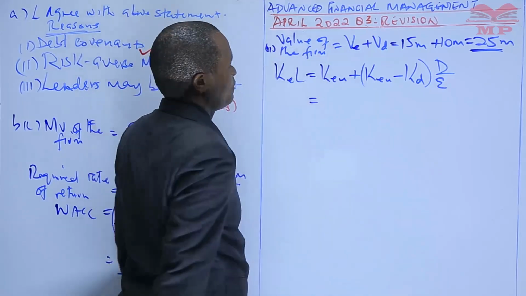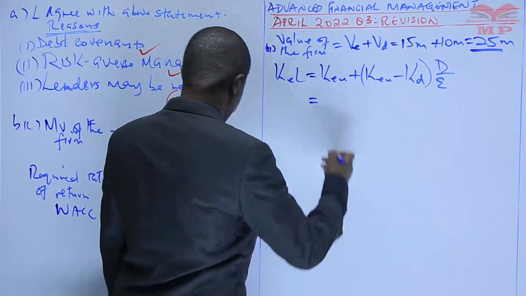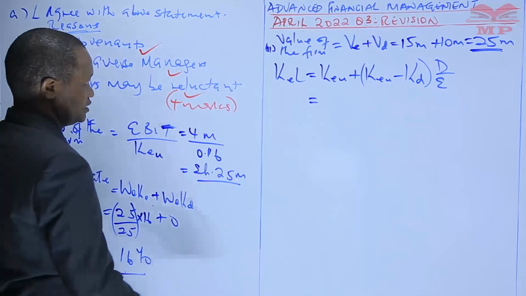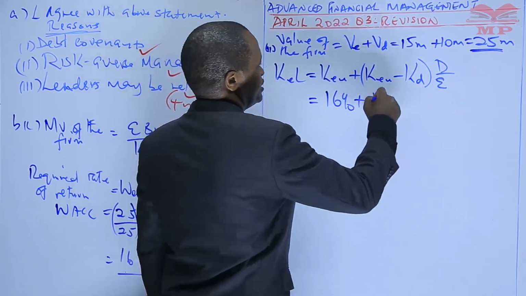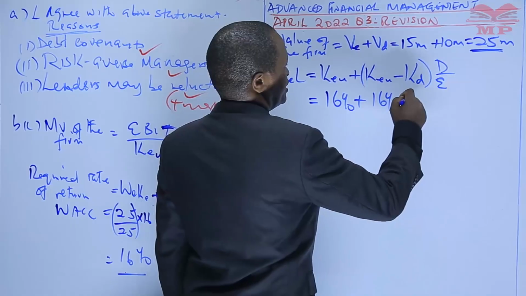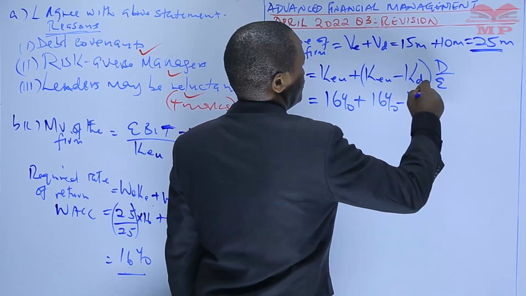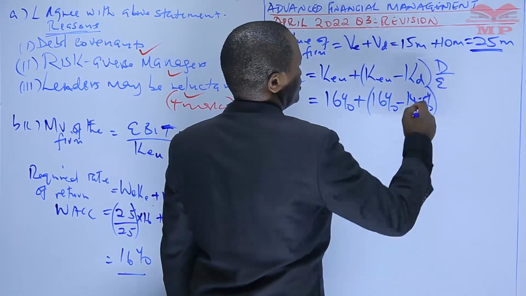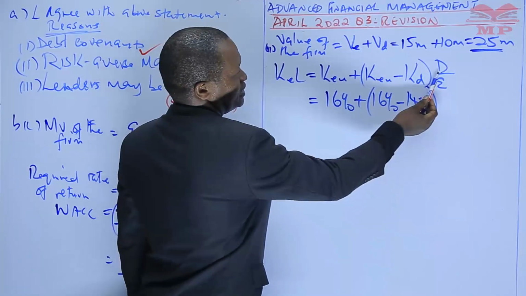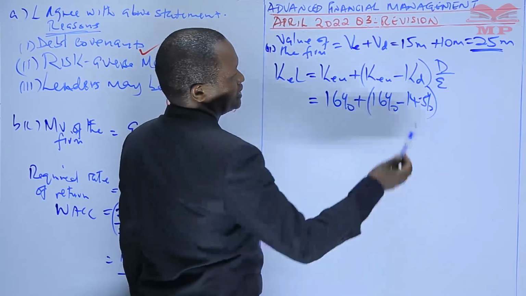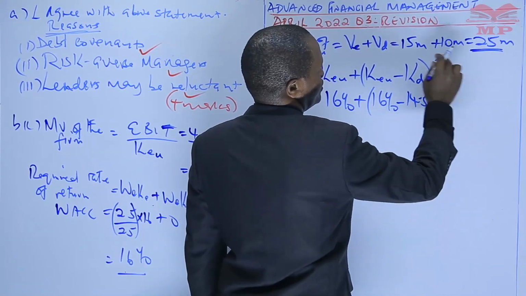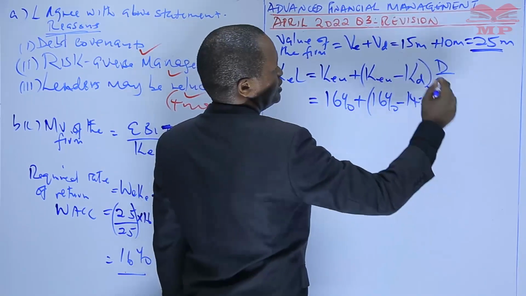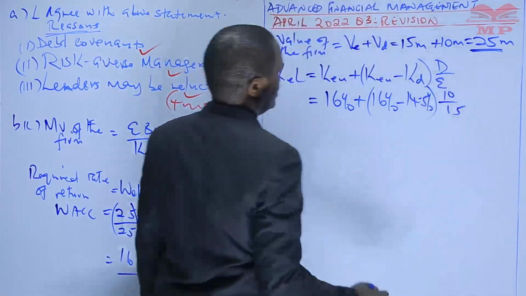The cost of the unlevered firm we had calculated here, 16%, plus 16% minus cost of debt 14.5% from the question, times the debt equity ratio. The debt is 10 million, equity 15 million.